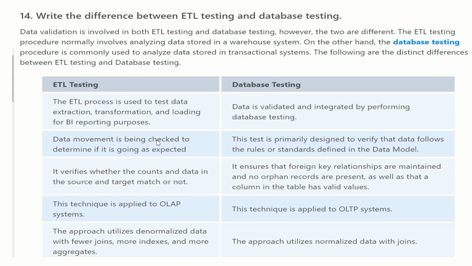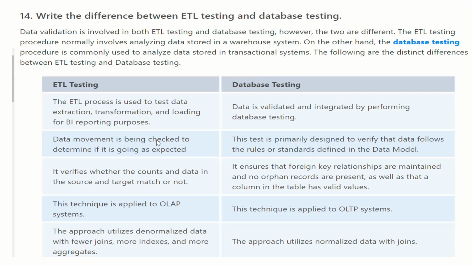And here, this is primarily designed to verify the data follows the rules or standards defined in the data model. And in ETL testing, it verifies whether the counts and data in the source and target match or not. And here, it ensures the foreign key relationships are maintained and no orphan records are present, as well as that a column in a table has valid values. And in ETL testing, this technique is applied to OLAP systems.